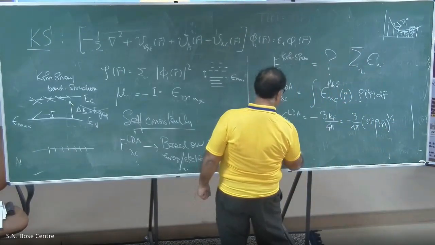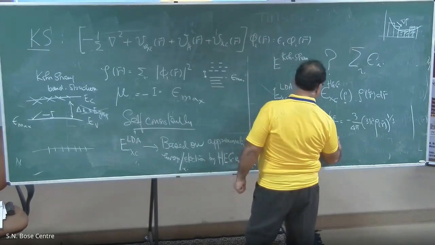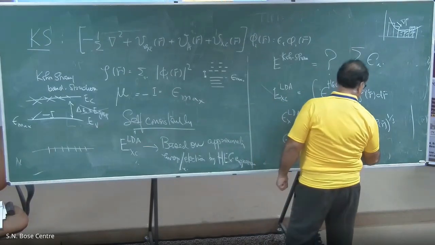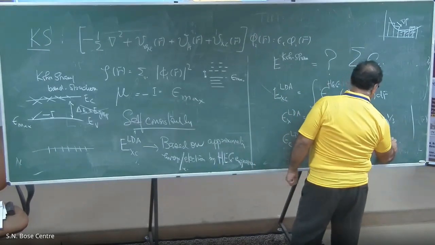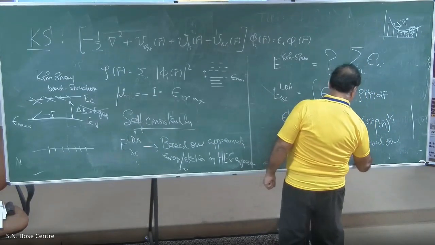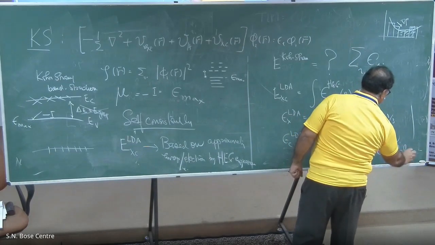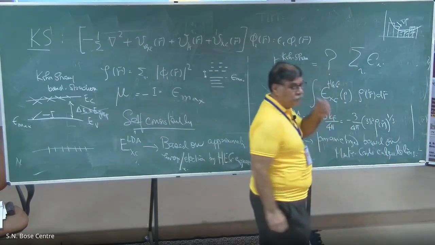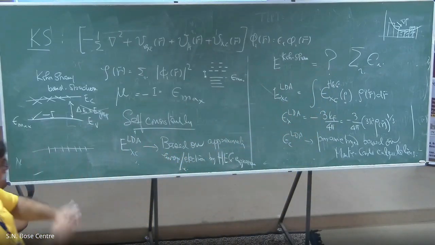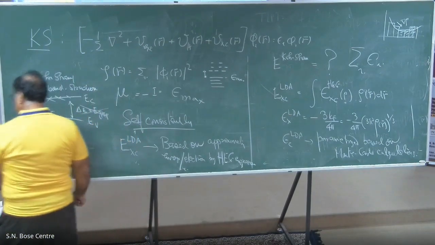E_C LDA is parameterized based on what they call, I usually sort of zero. Okay, so you do that, and then you can write the functional derivative, which is easy to calculate.